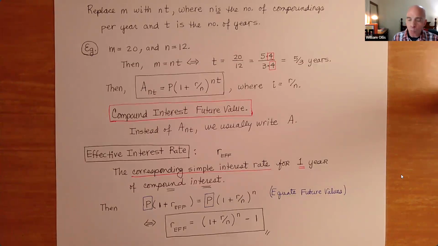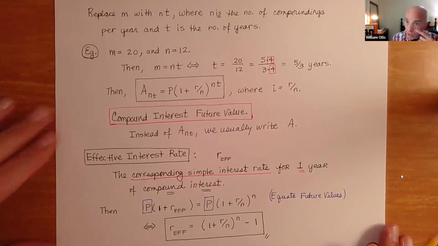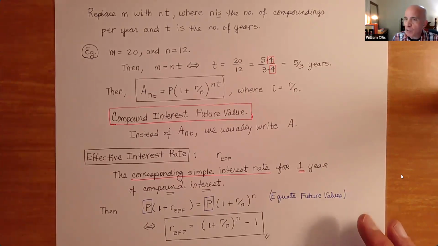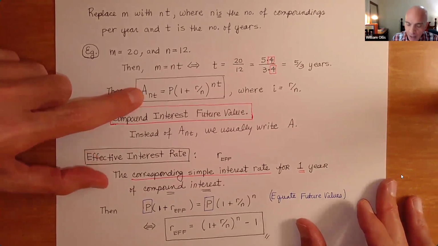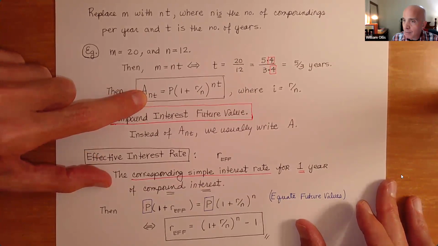Now, there is one other mode of computing future value that we call continuous interest. Notice in this formula, ladies and gentlemen, that N is a finite number.